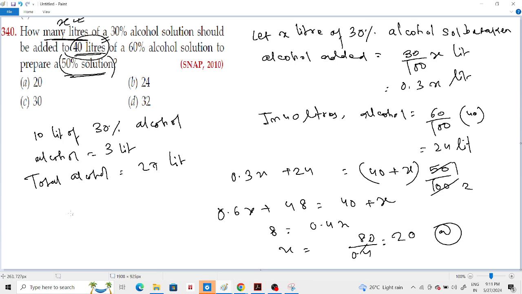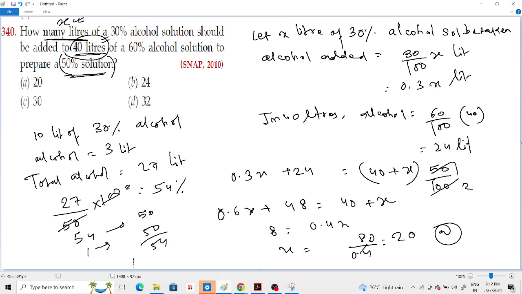Now 27 divided by something, it is coming around 9.25 liters. No.